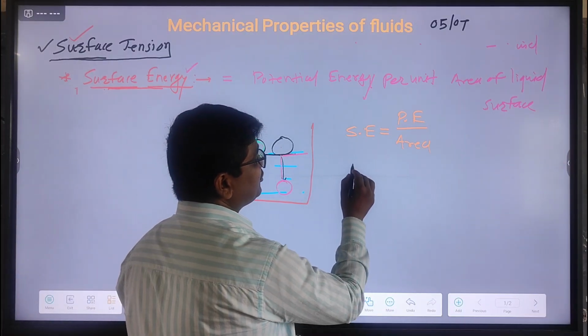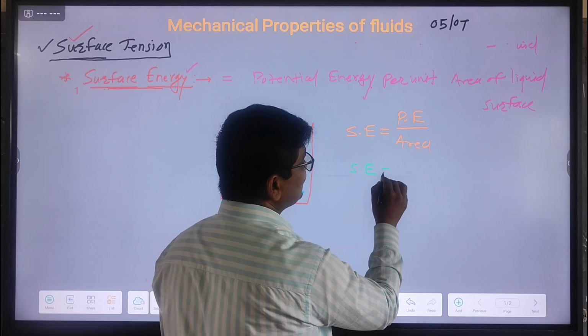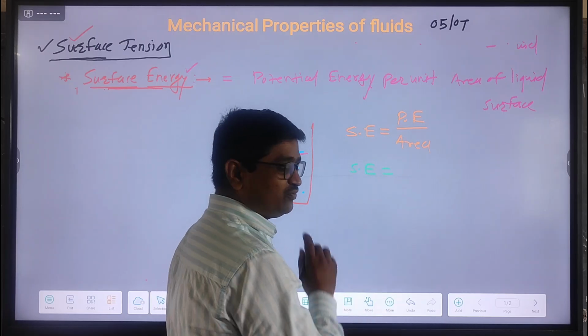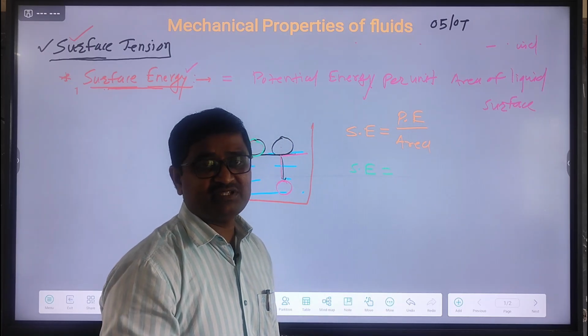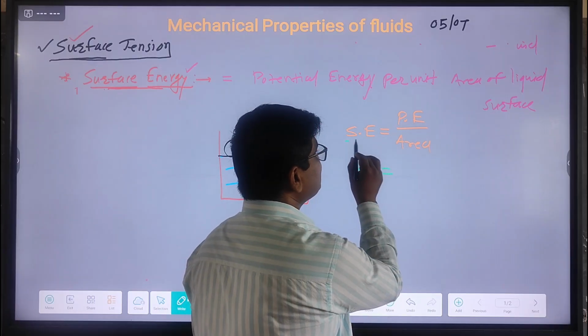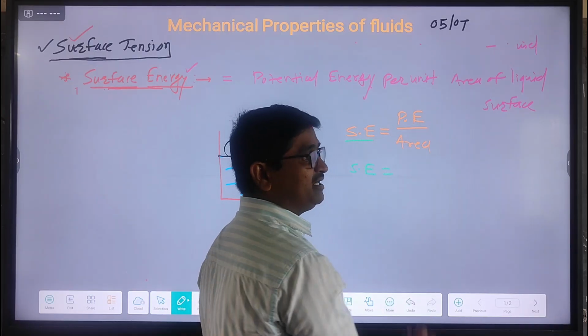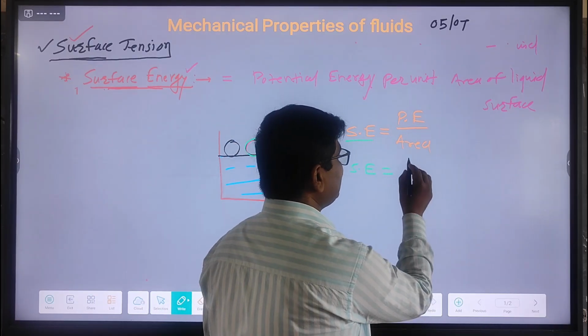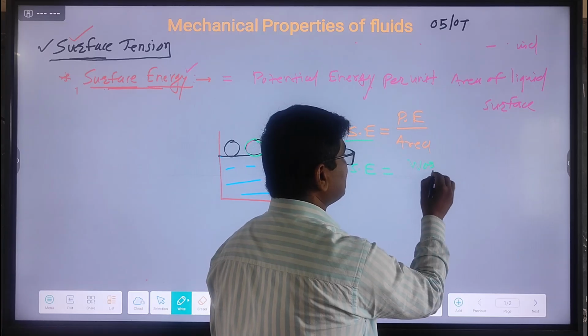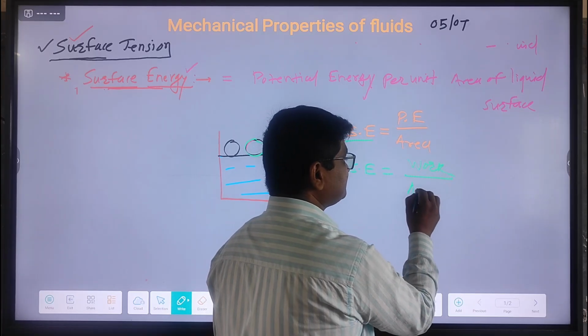It means that potential energy is also called work, and that's why we also represent the expression for surface energy as potential energy per unit area, otherwise work per unit area.